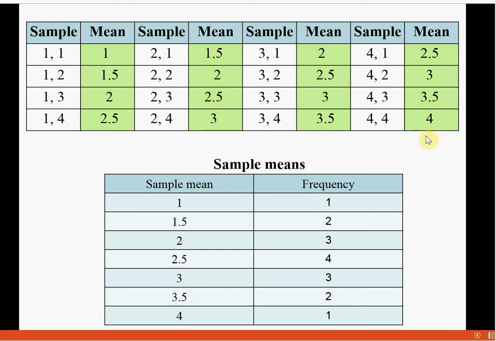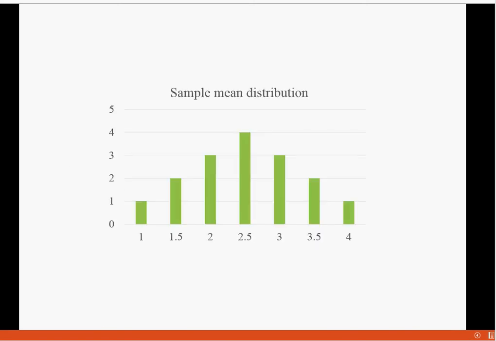Now we want to calculate the mean of these 16 numbers, the variance of these 16 numbers, and the standard deviation of these 16 sample means. The standard deviation of these 16 sample means has a special name. It's called the standard error. Just to make sure that you know what we are trying to do here.